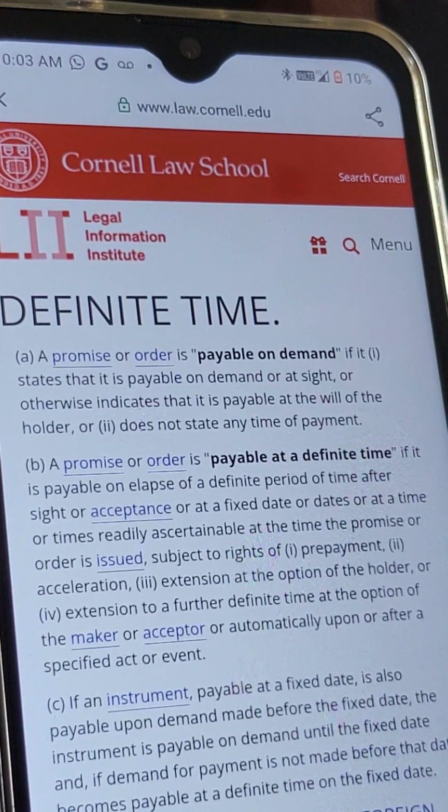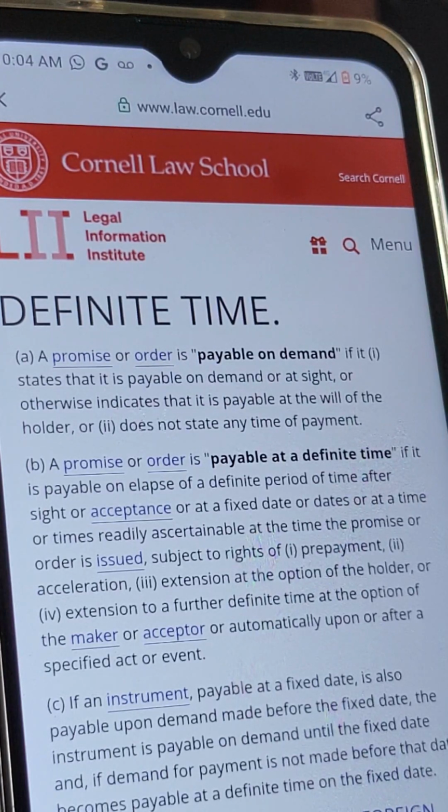And if demand for payment is not made before that date, it becomes payable at a definite time on the fixed date.